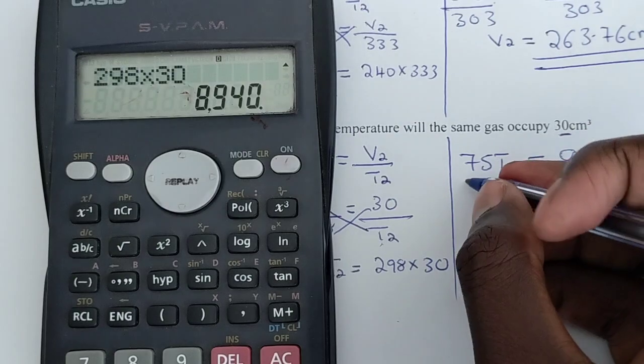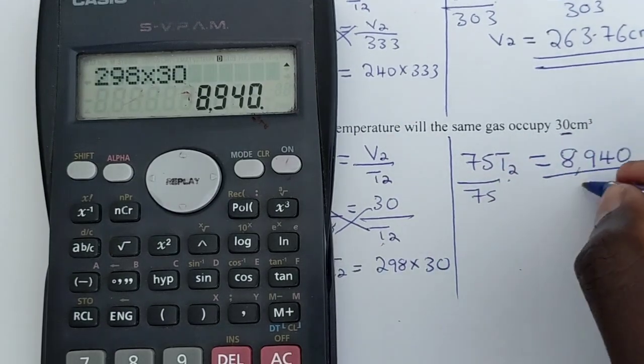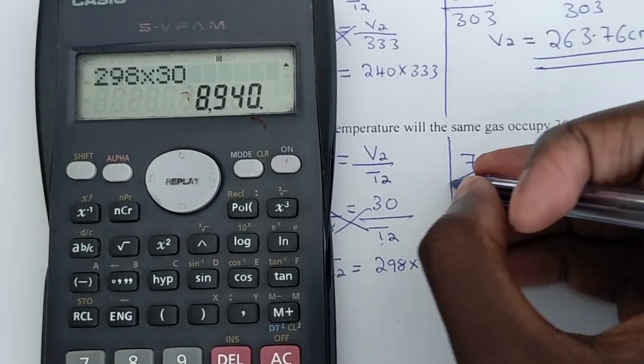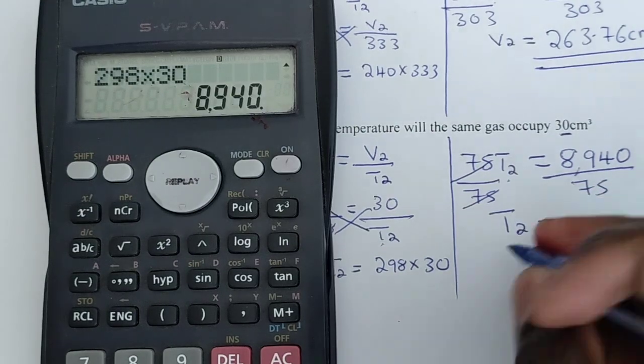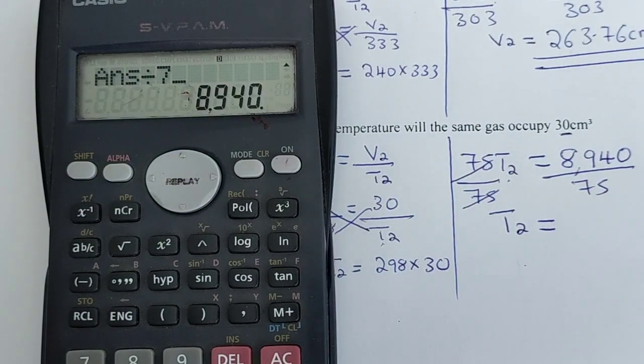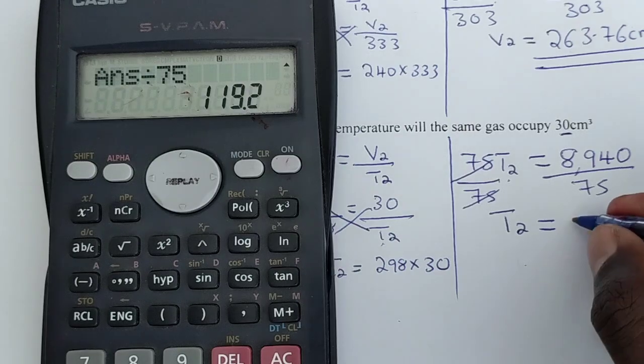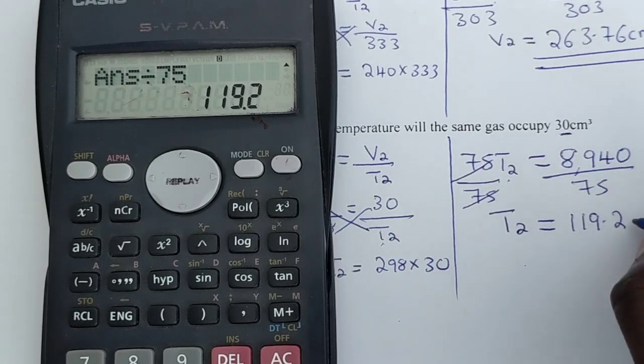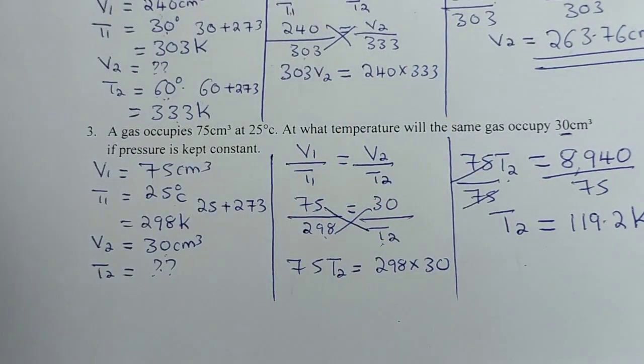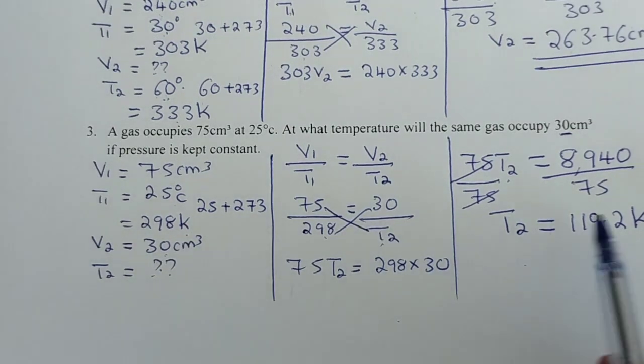Can we get T2 here? We divide by 75. T2 we have 119.2 Kelvin. Meaning the temperature that we use here is Kelvin.